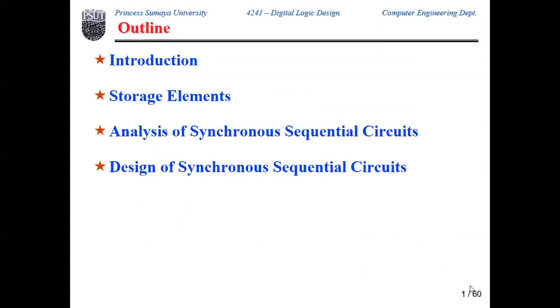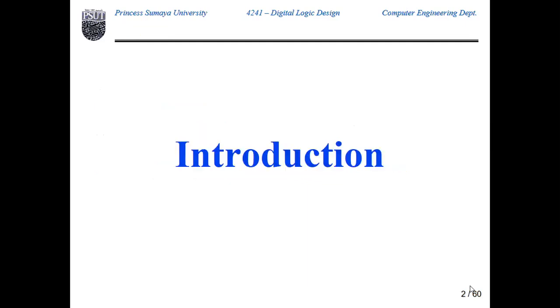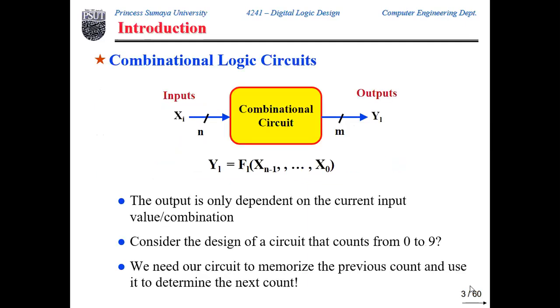We covered what is meant by a sequential circuit and what is the difference between it and the combinational logic circuits that we covered in chapter 4, and what are the different types of the sequential logic circuits. So basically, we said the combinational logic circuits, we covered already in chapter 4, and what makes these circuits different from other types of circuit is basically the outputs in such circuits are only dependent on the current input value, and we discussed that in detail.